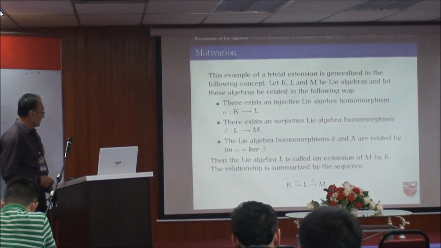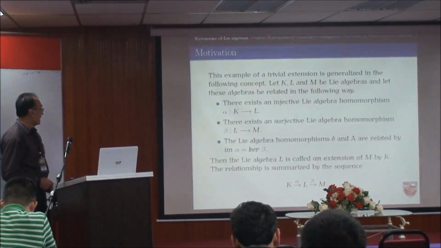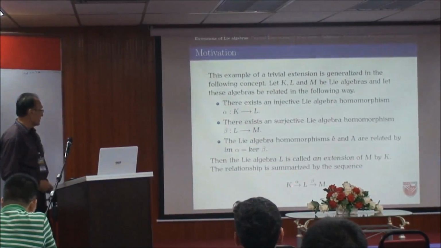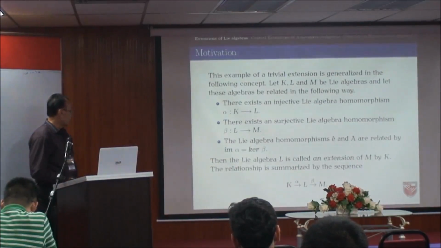So the image of alpha is the kernel of beta. Then this Lie algebra is called an extension of M by Lie algebra K. So this relationship can be written as K, alpha, L, beta, M.